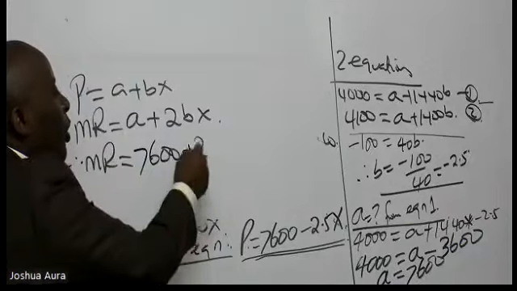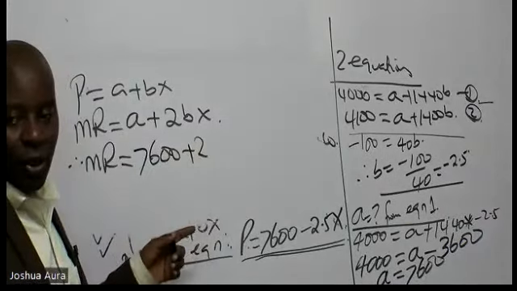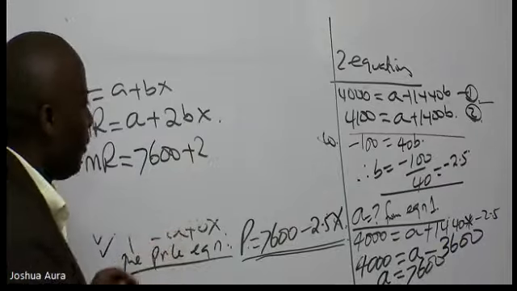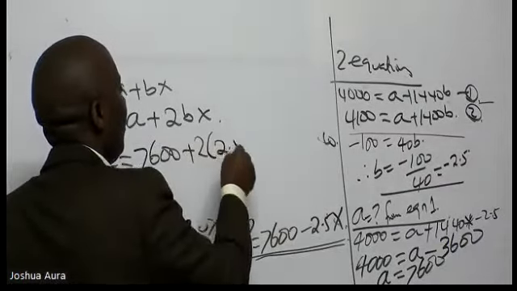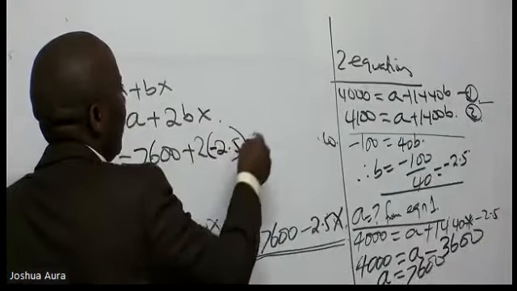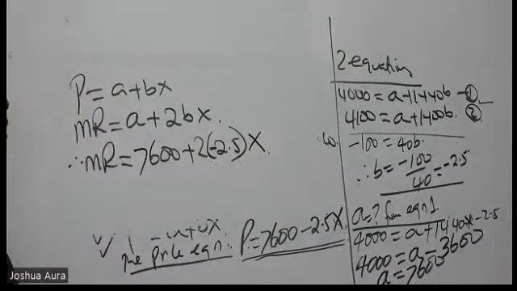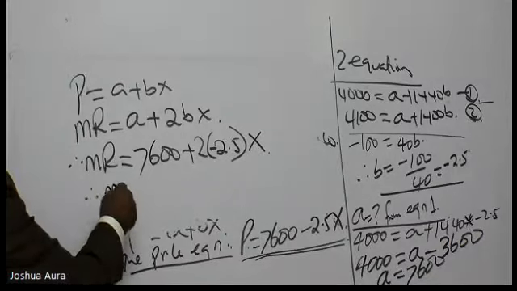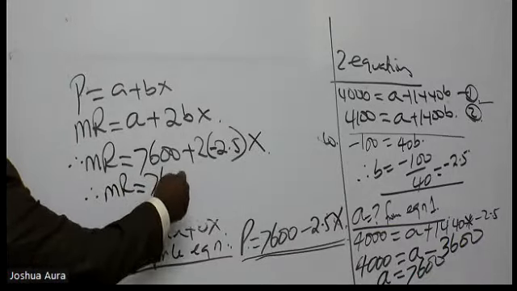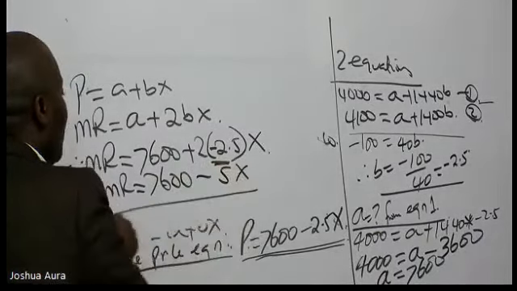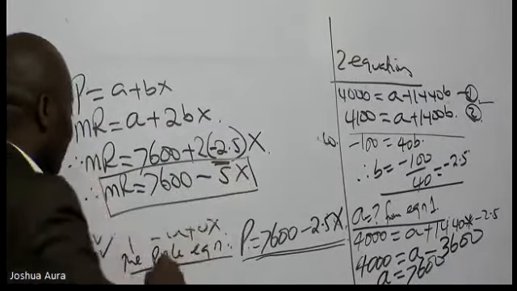Plus 2, do we know the value of B? Minus 2.5. Then of course, X, we don't know X. So my marginal revenue will end up being 7,600 minus 5X.